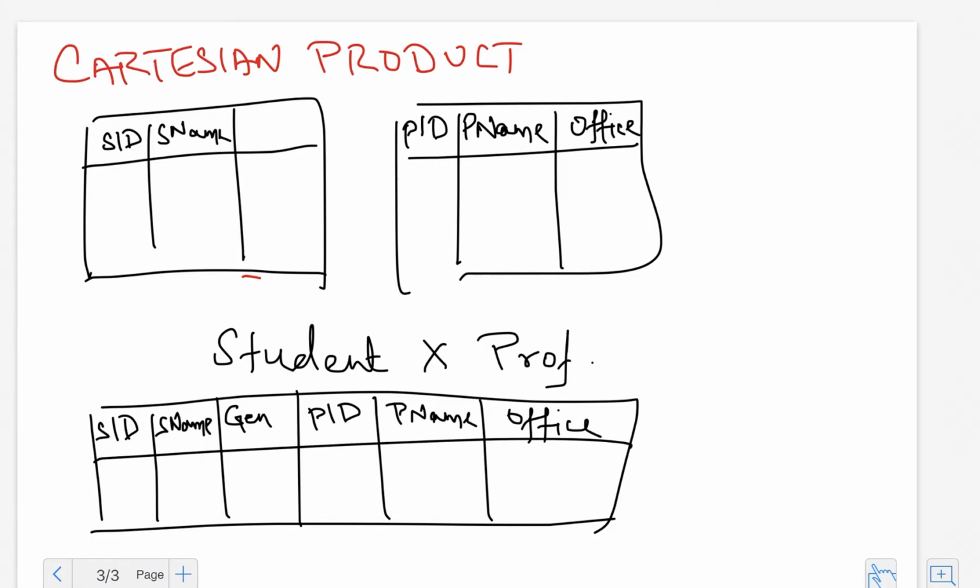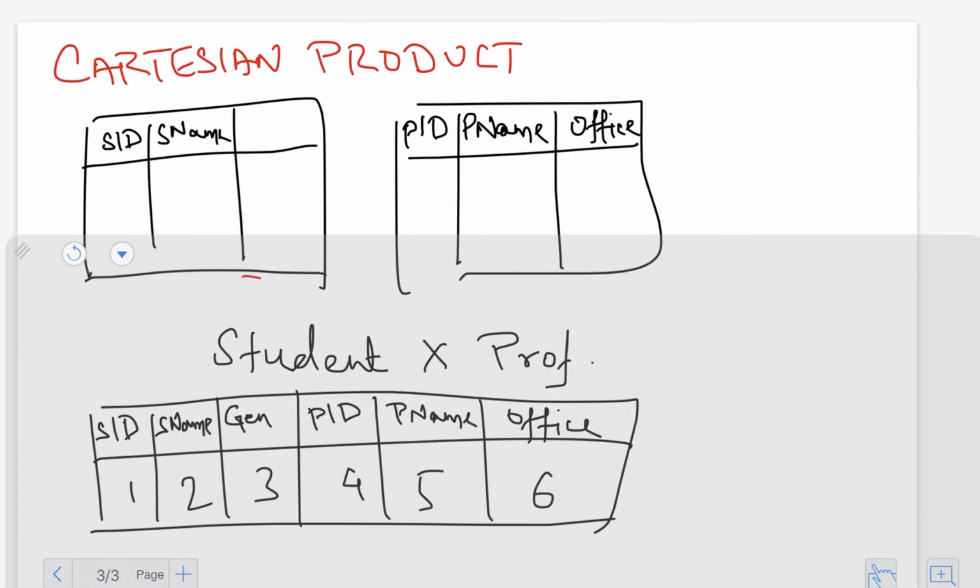So it's basically just taking every entry from the student table and joining it with every entry from the professor table. So in this, you'll notice that the number of columns that I have is 1, 2, 3, 4, 5, and 6, which is basically, let me just write it here.